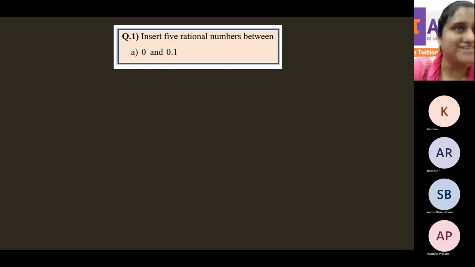There are infinitely many rationals but we are going to insert only 5. There's 5,000, 50,000, 5 lakh, there are many. Correct, but we are going to insert only 5.